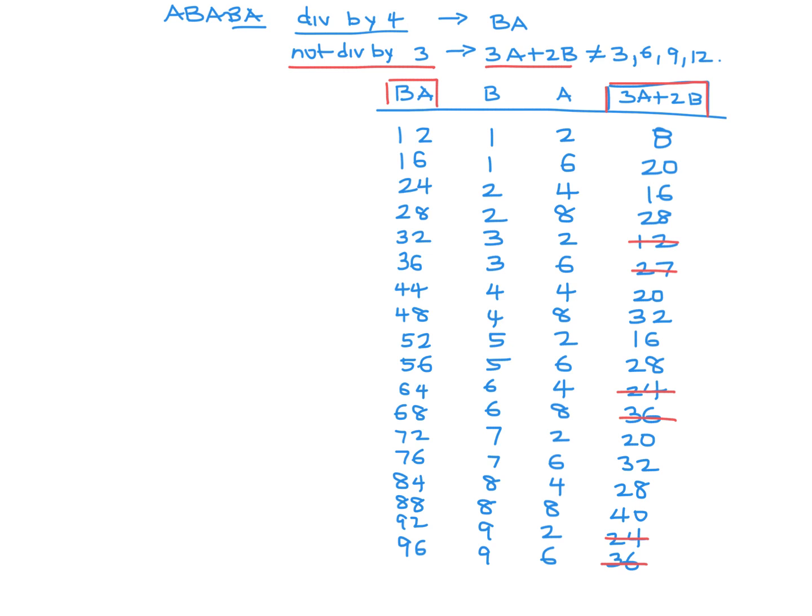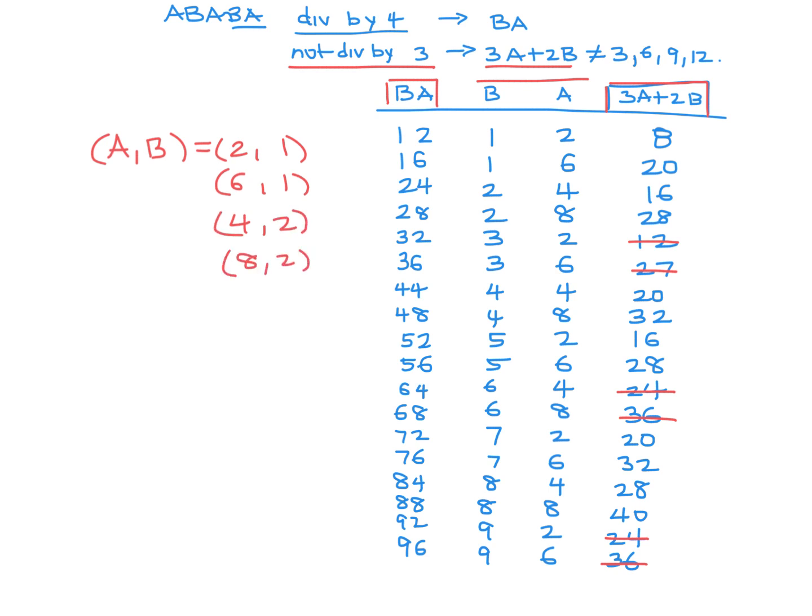So if we were to make a list of my ABs, which ones am I keeping here? Oh, I reversed it. That's okay. It doesn't make a difference. So 2, 1, 6, 1, 4, 2, 8, 2, right?